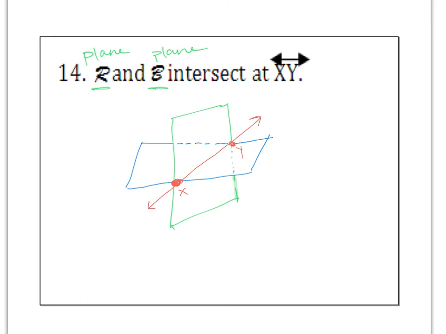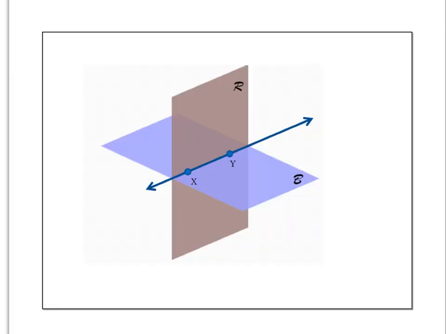So one of these planes can be R, and one of these planes can be B, and it doesn't really matter which is which. And there it is, our lovely drawing, our intersection of two planes. Here is what a computer drawing might look like of that same thing. So a little better than mine, but basically the same idea.